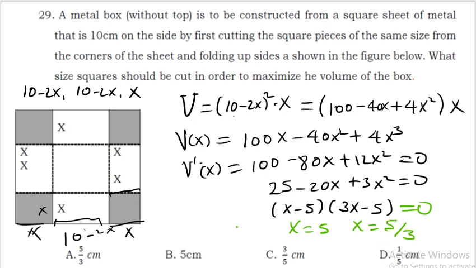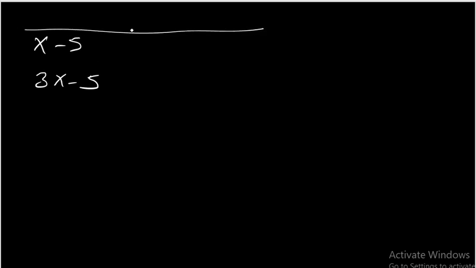Then we have to construct a sign chart, and then we have to observe the sign change. Okay, what are the factors? We said x minus 5 and 3x minus 5. When you construct the sign chart, we have two numbers. First one is 5 over 3, the smaller one, and the other one is just 5. So this will be 0 here, and less than is negative, greater than is positive.